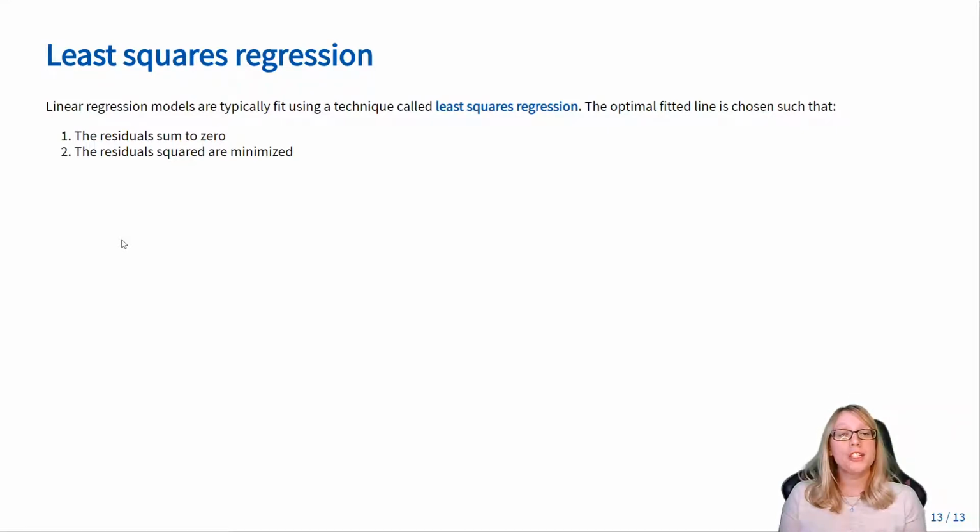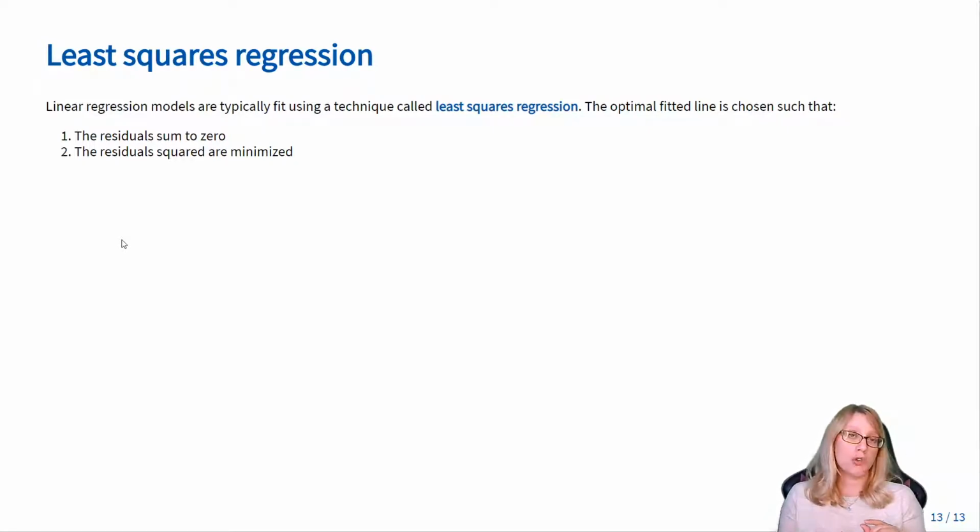Our first criterion is that the residuals should sum to 0. What this does is guarantee that our errors will average out. Some will be negative, some will be positive, but if we calculated the average residual, we would get 0. The second criterion is that the sum of the squared residuals is minimized. What that means is that we want to choose the model with the smallest squared residuals.